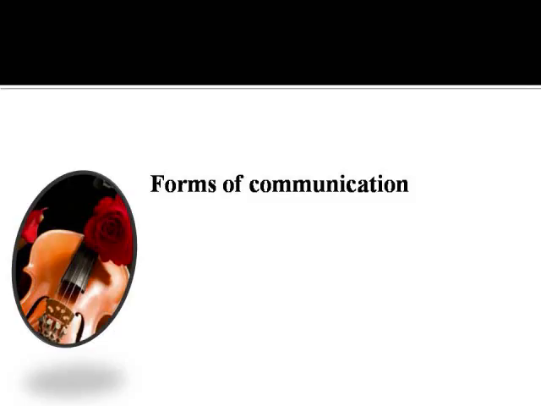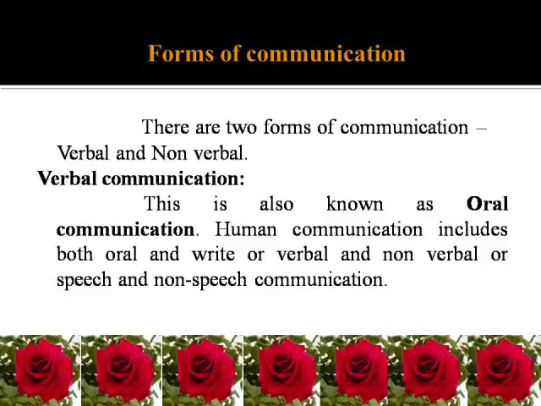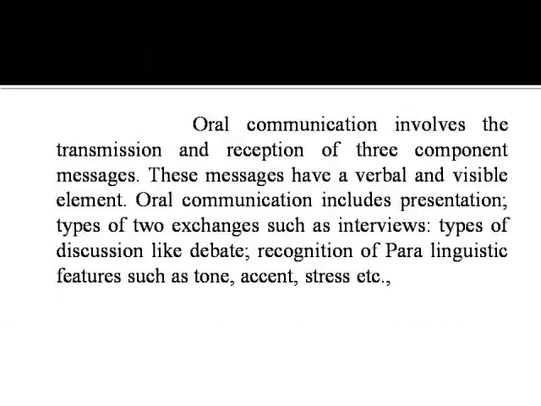Forms of communication. There are two forms of communication: verbal and non-verbal. Verbal communication is also known as oral communication. Human communication includes both oral and written, or verbal and non-verbal, or speech and non-speech communication. Oral communication involves the transmission and reception of a three-component message.